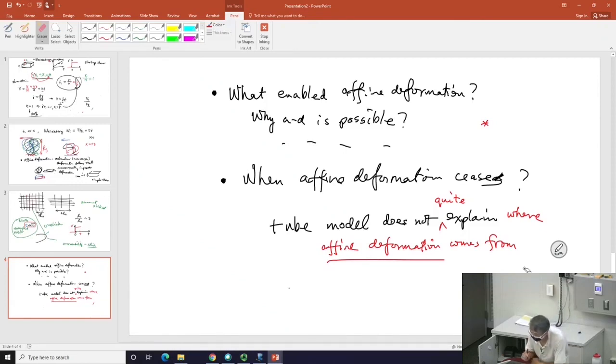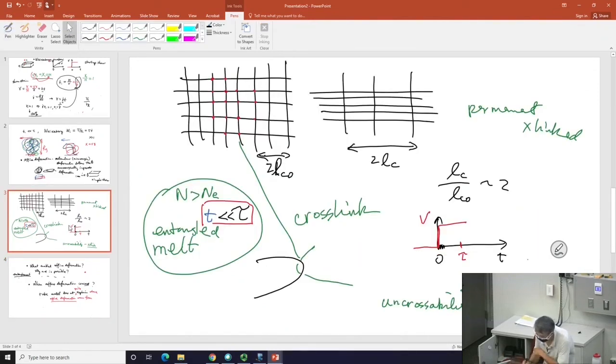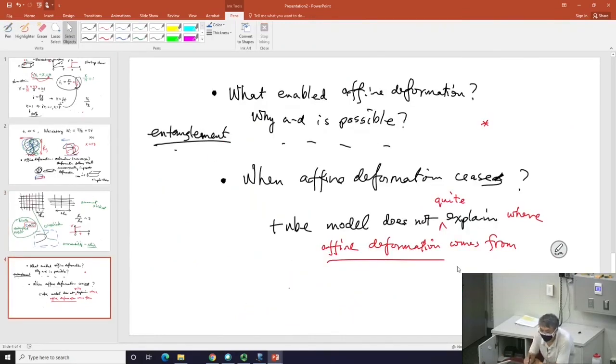So if you like to think that what enabled affine deformation has to do with uncrossability, which produces what's called entanglement, if you think entanglement means what I try to depict here, then the second question really is asking, as Alex was trying to ask, when can I anticipate disentanglement?